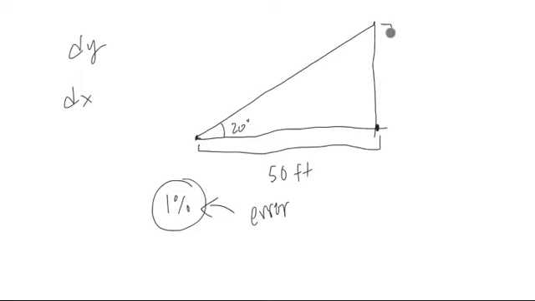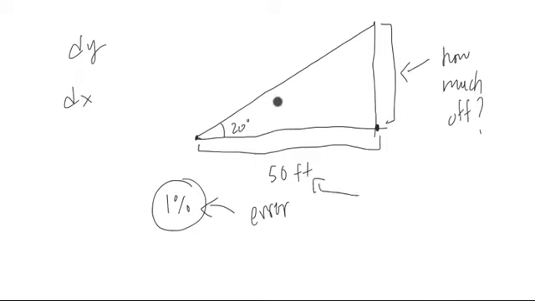So the question is, how much off could you be in your actual measurement? This is where derivatives come in, because there's some variability. We're going to fix 50 as constant, but what's varying in the situation is this angle theta, and this height, call it h.